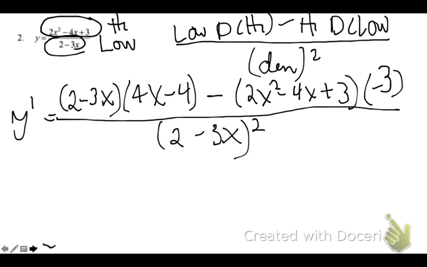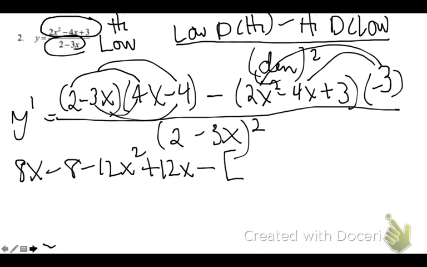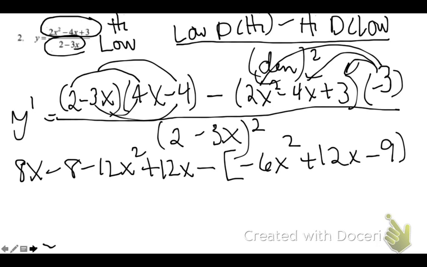All right. Simplifying this, we would need to double distribute on this first piece, so this would be 8x minus 8 minus 12x squared plus 12x, subtract, distribute this negative 3 to each term, which will give us a negative 6x squared plus 12x minus 9.